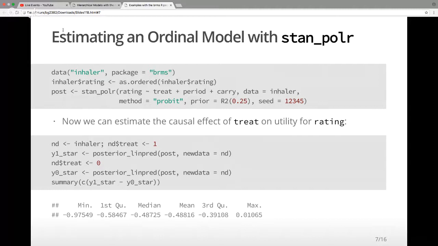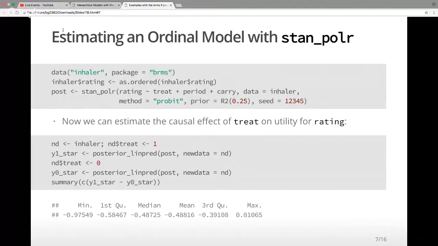And then, once we have those coefficients, we can go on to ask ourselves questions. And a typical thing to do, particularly when you have an experiment or really anything with a binary treatment variable, is to say, okay, well, what if everyone was treated?